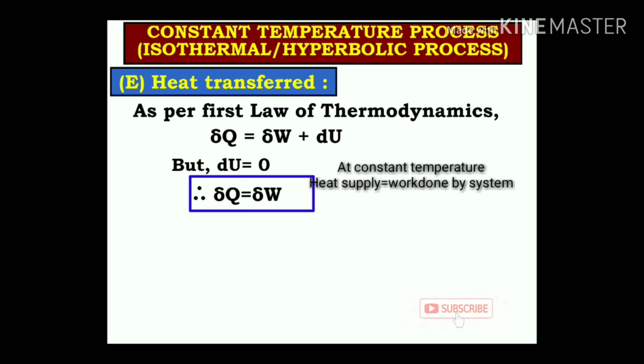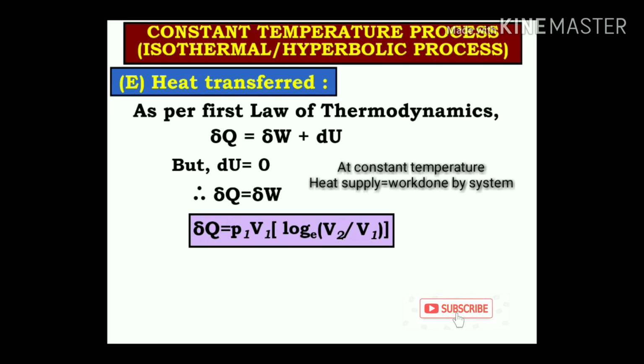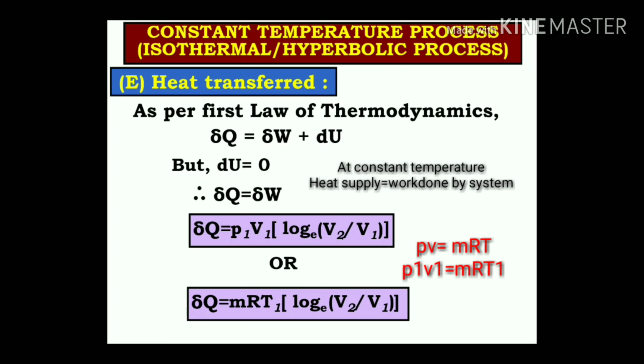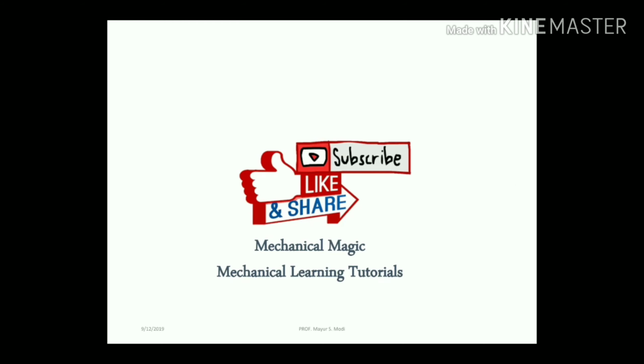That means the heat supplied to the system is 100% converted into work done. So del Q equals P1 V1 log e V2 by V1, or you can say del Q equals m R T1 log e V2 by V1. These are all the relations for the constant temperature process.